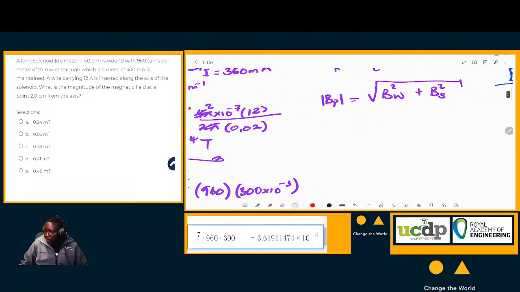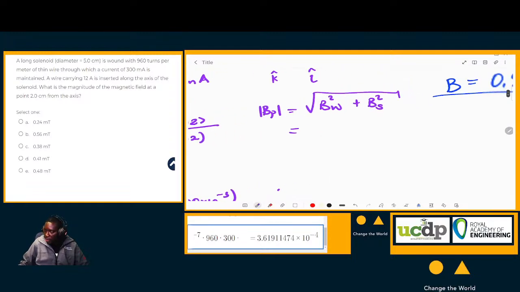So the magnitude of the magnetic field at point P is equal to the root of 3.62 times 10 to the negative 4 all squared plus 1.2 times 10 to the minus 4 squared.